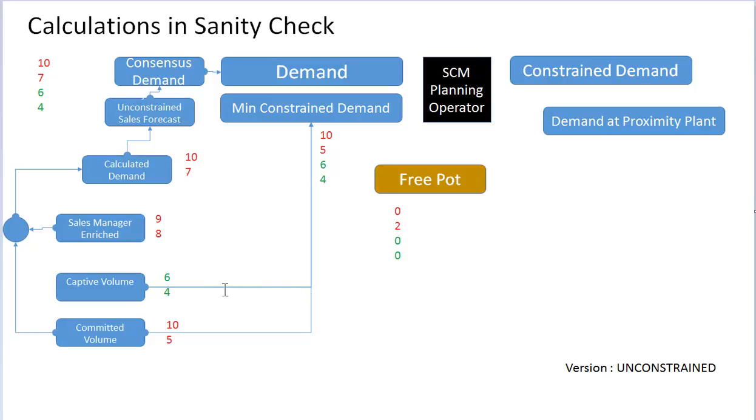However, the captive volume and the committed volume already are assigned to a minimum constraint demand, which indeed contains location information already. It is important at this point of time that the captive and the committed volume are aligned in terms of customer sourcing ratio so that they can arrive to the same location, which is determined by the customer sourcing ratios.